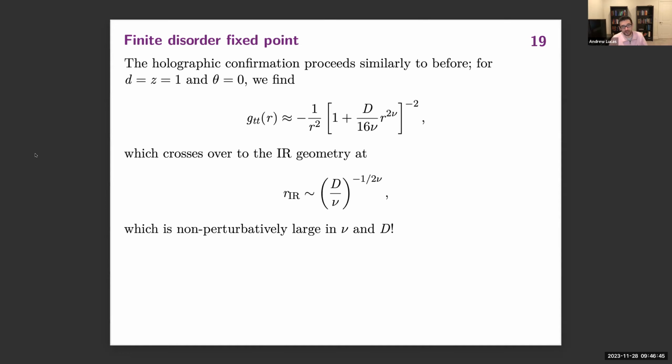So we start off with AdS, and then, at some IR scale, which is actually non-perturbatively deep in the IR still, although not exponentially so, not exponentially in d at any rate, we see a crossover to a Lifshitz fixed point. Okay. And this Lifshitz fixed point does indeed have the right scaling exponent.